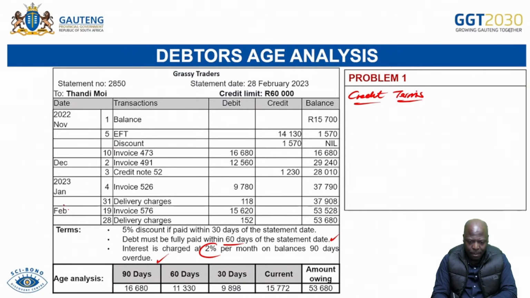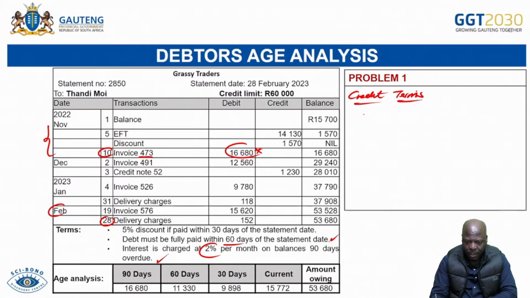We are in the month of February, 28 February. All right. So we are looking into amounts that would have transpired in the month of November, and December as well. So if we come here, we'll then see that we have amounts that are not complying to credit terms. Which one is that? Here, invoice 473, 16,680. That amount has not yet been settled.